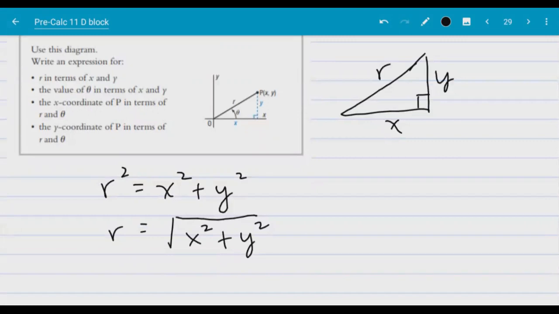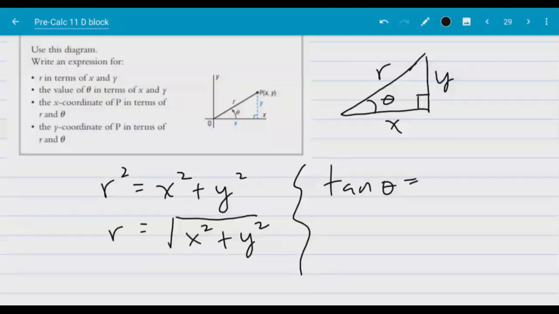Okay? Now, for the value of theta in terms of x and y, we are looking at this theta. Okay? So, what would that be? We can use the tangent ratio. Okay? So, tangent of theta, or in this case, this is your theta.